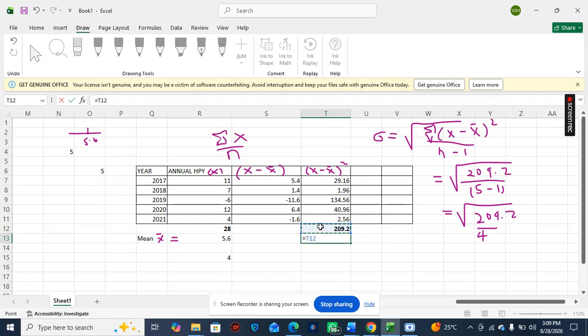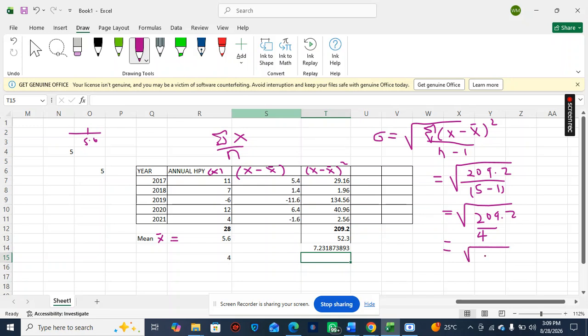So 209.2 divided by 4, you get 52.3. And you take the square root of 52.3, which is 7.23. So 7.23.